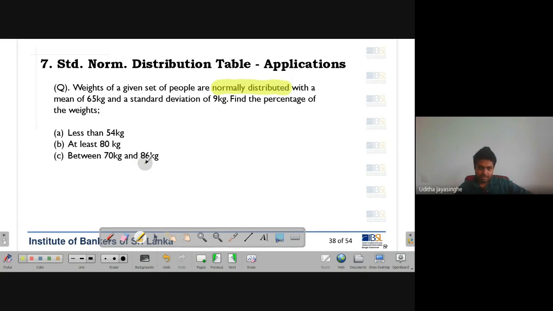With a mean of 65 grams and a standard deviation of 9. Find the percentage of weight less than or equal to, otherwise you can say less than 54, at least 80, between 80 and 86. If I just graphically put these numbers and try to find what we are targeting, this is the mean, standard deviation of 9.